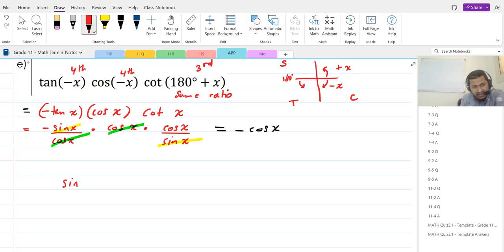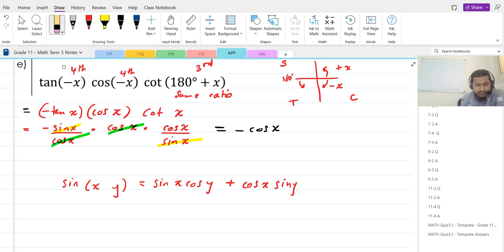What is sine x plus y? Sine x plus y is sine x cos y plus cos x sine y. So how it works is start with sine, end with sine, and the sign remains the same.